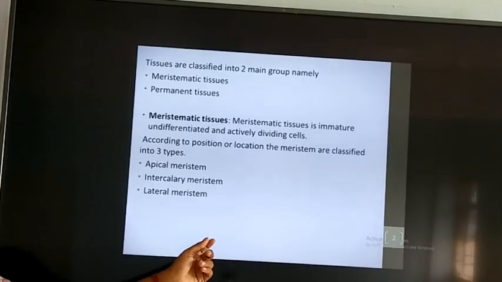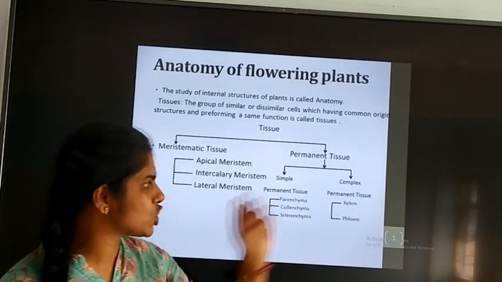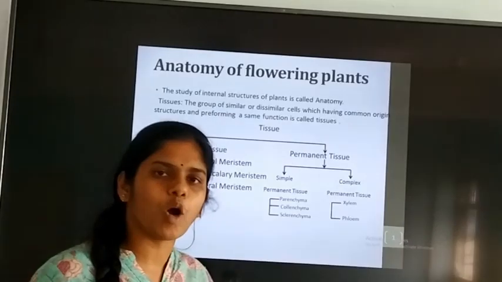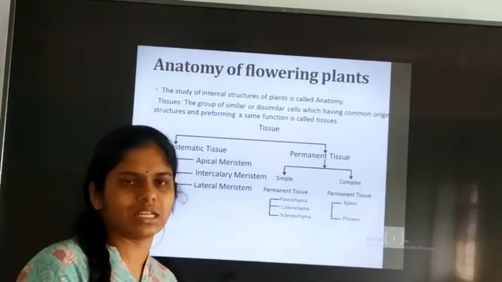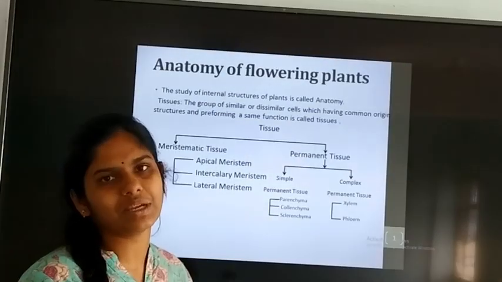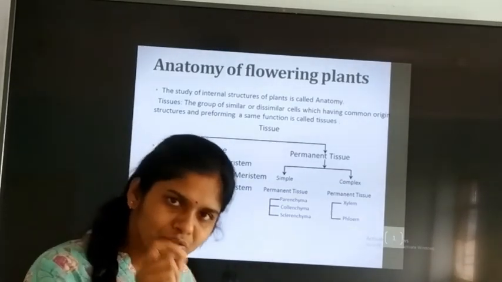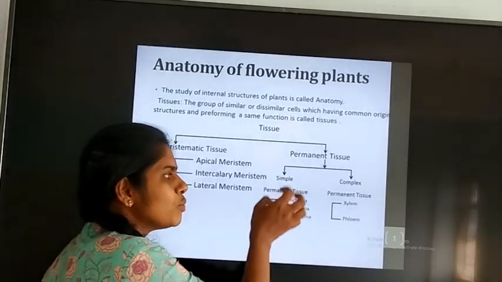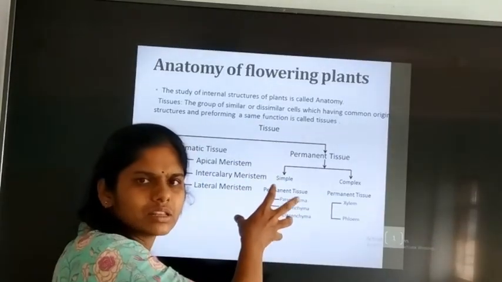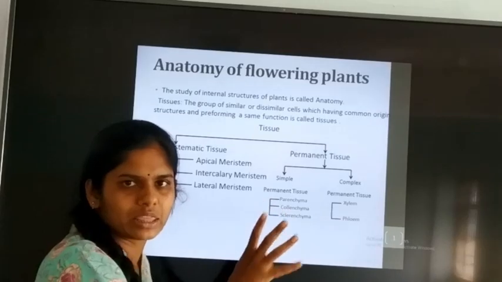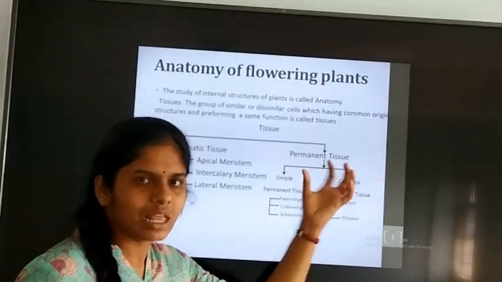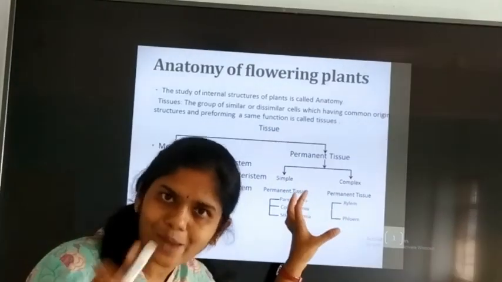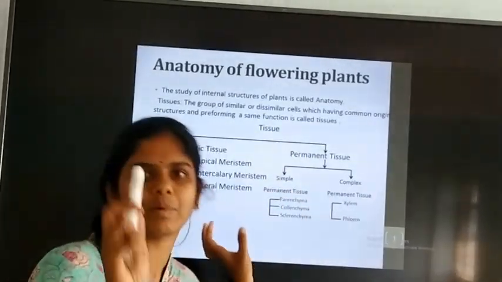And next, another one is the complex permanent tissue. Complex permanent tissue means it is a group of dissimilar cells, but performing the same function. Simple is a group of similar cells performing a common function; complex has different types of cells, but they also perform a common function.